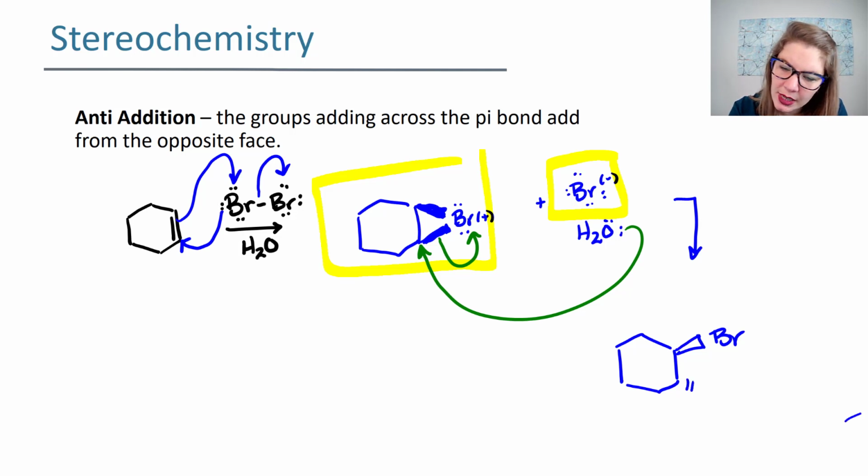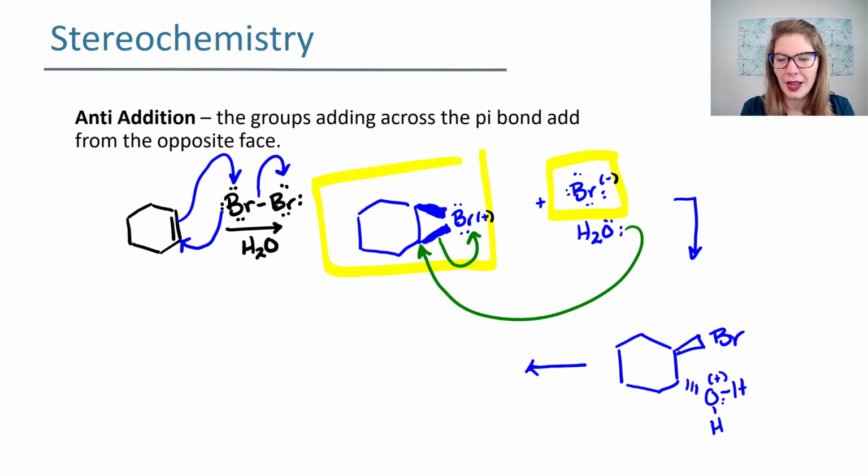So your water comes in, it attacks, and remember, it still has both protons attached to it. Now you have to get rid of one of those protons. And in order to do that, you have to use the best base that's in solution. So which one's the best base, water or bromide? I bet you're thinking bromide right now, and it's not. Water's the better base than bromide. How do I know? Well, bromide's the conjugate base of a strong acid.